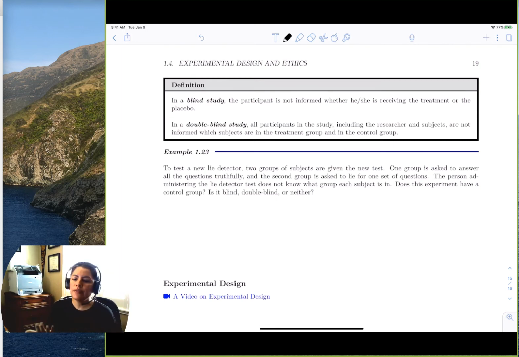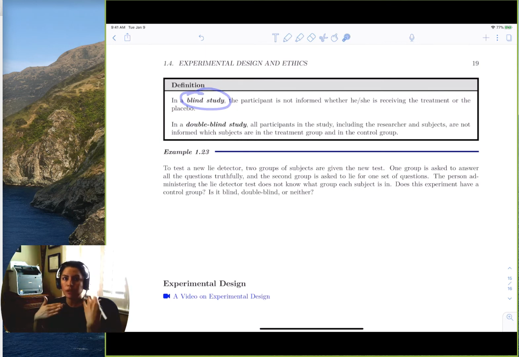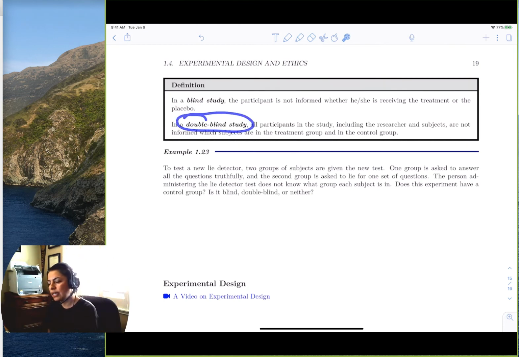However, if it's a self-interest study and you work for an aspirin company and you want your aspirin to work, it may have bias. And that's okay, because as long as you acknowledge that there could be a self-interest bias, then what you could do is expand your blind study, which is where only the participant doesn't know, into a double-blind study and say, you know what?